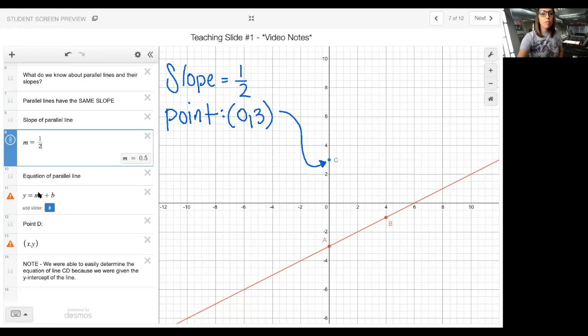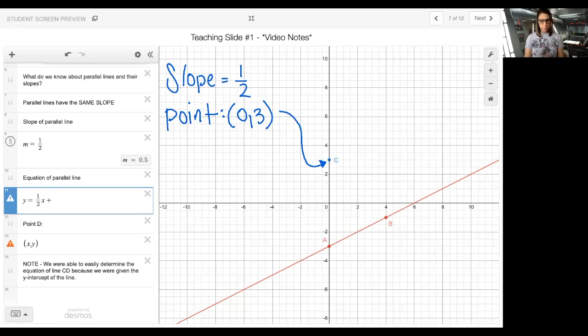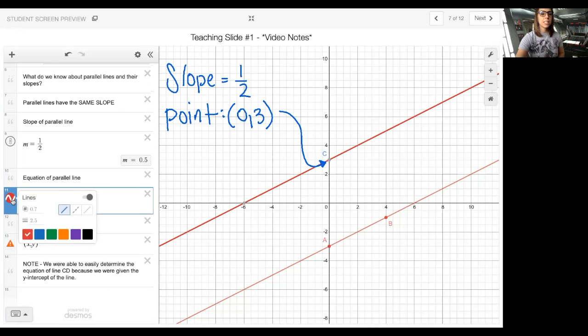I know the slope of my line is 1/2, and I know that the y-intercept of my line is 3. I'm going to go ahead and change this color to blue, and there you have it. I have a line that is going through point C that is parallel to line AB, and I have the equation of that line in slope intercept form.